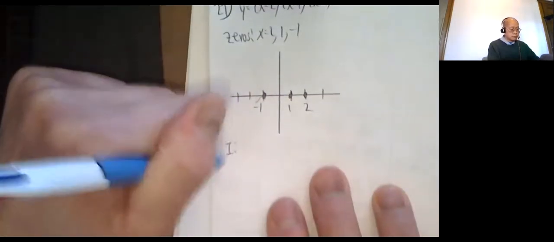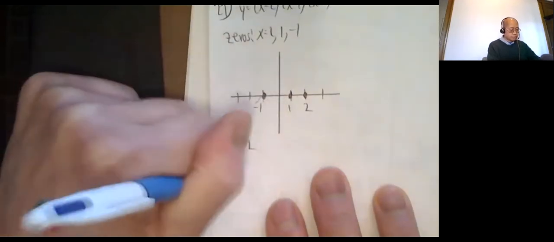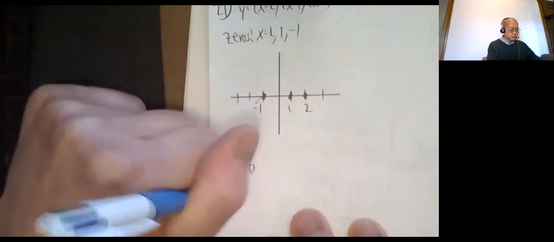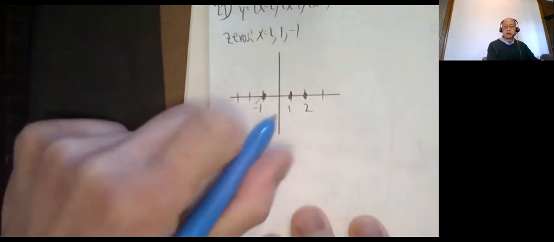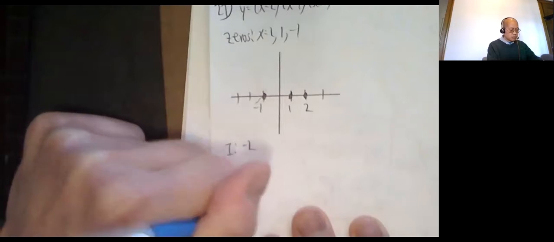Region 1, how about negative 2? Region 2, 0. Region 3, 1.5. Region 4, 3. Remember doing this kind of stuff before?